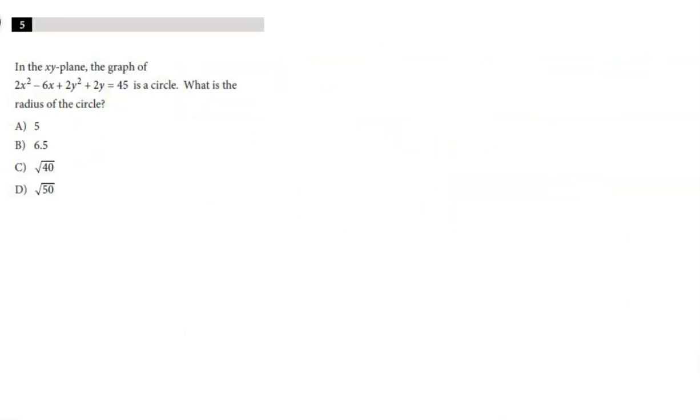All right, number 5. Just because I see it's not in the right form, we're probably going to have to do some completing the square, with an extra little twist on this one. So I have 2x squared minus 6x, leave a space, get my y terms together, leave a space, 45.